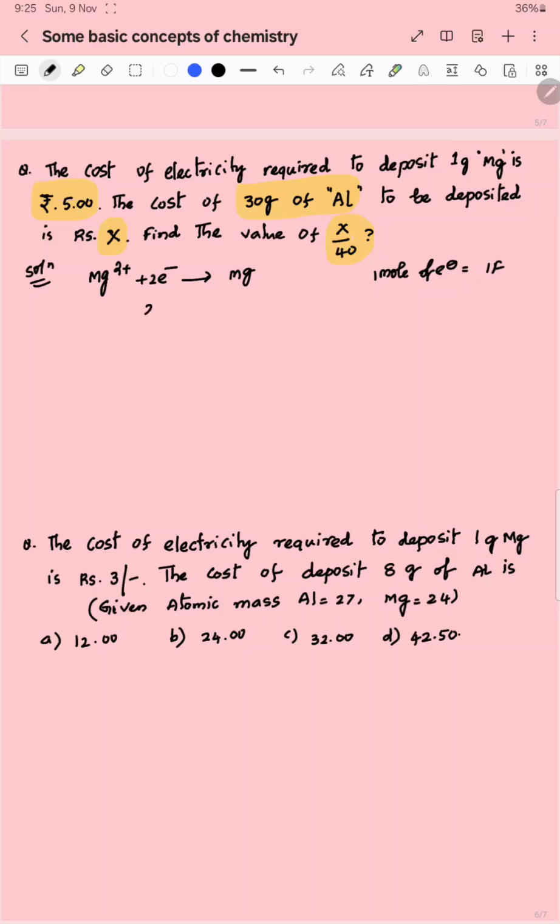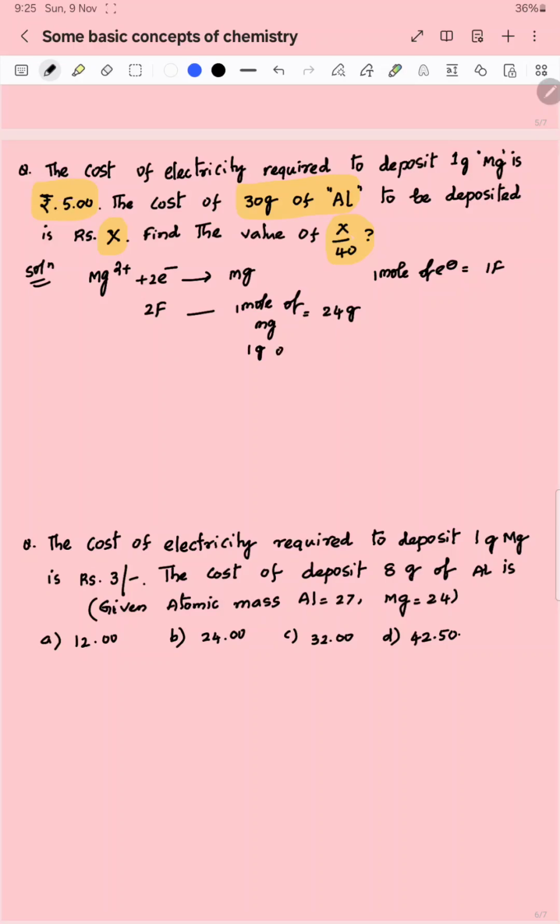So 2 moles of electrons is equal to 2 Faraday, right? Okay. So the 2 Faradays are required for depositing 1 mole of Mg, that means 24 grams of magnesium will be deposited. Right. Now the question is asking the cost of electricity required to deposit 1 gram of Mg.